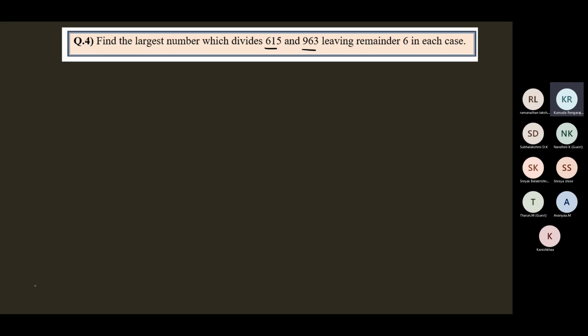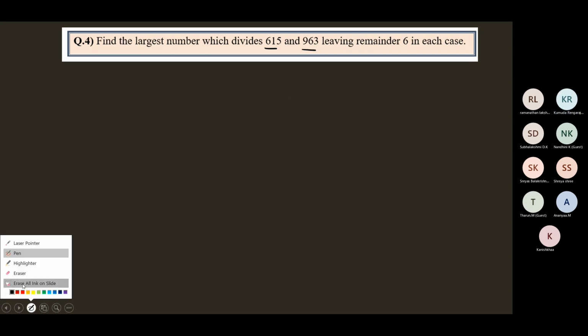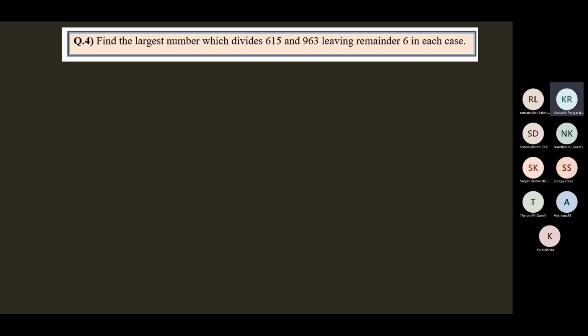If you're finding the HCF, you should change the given numbers and then find the HCF of those new numbers. If you have to find the LCM, don't change the numbers. Don't disturb the given numbers.